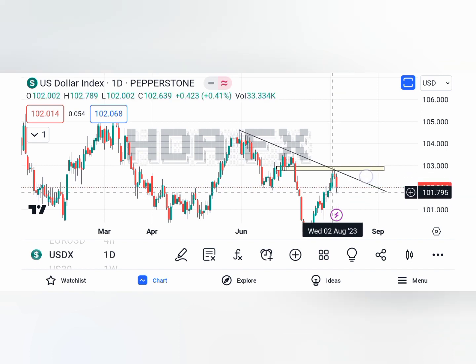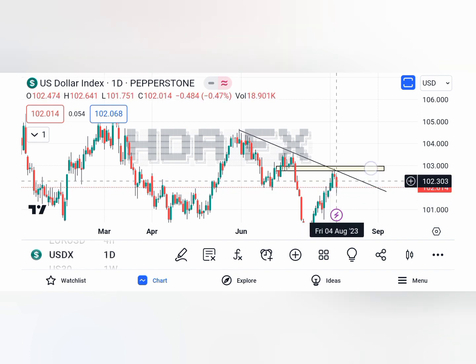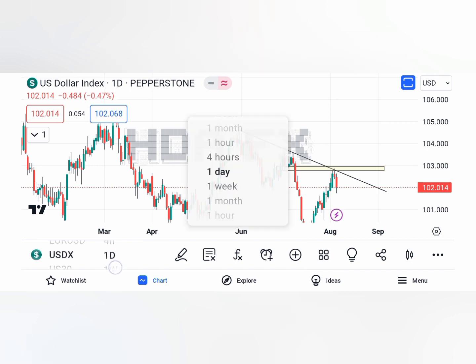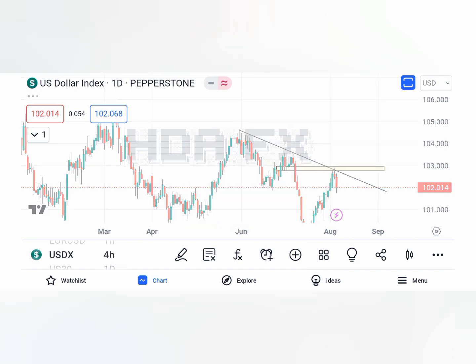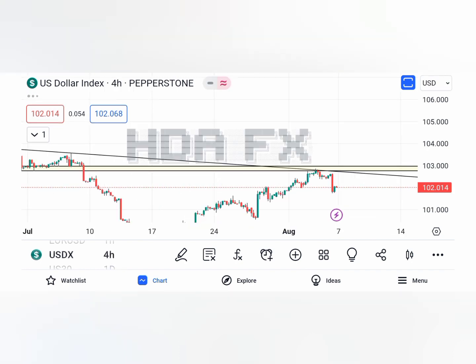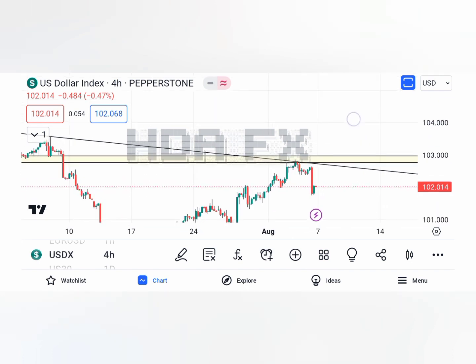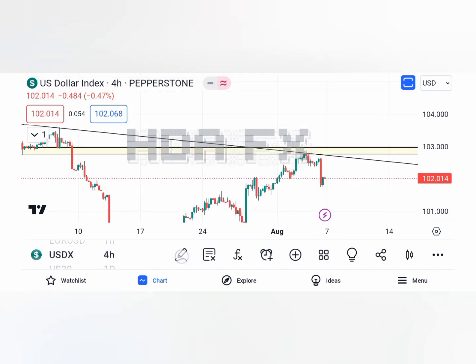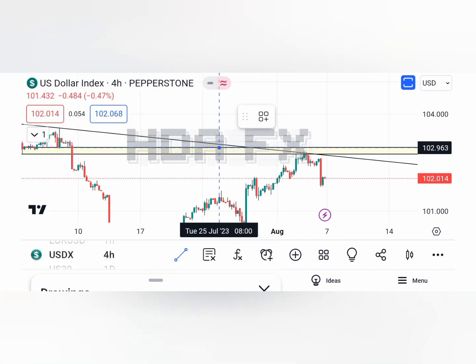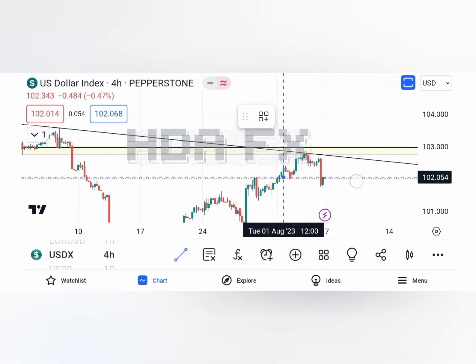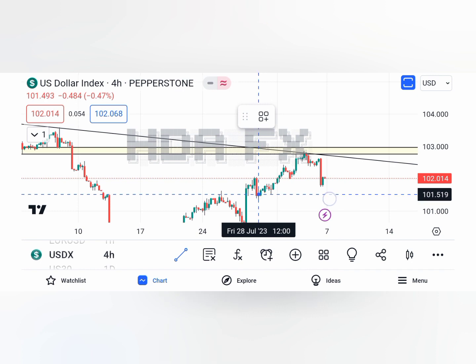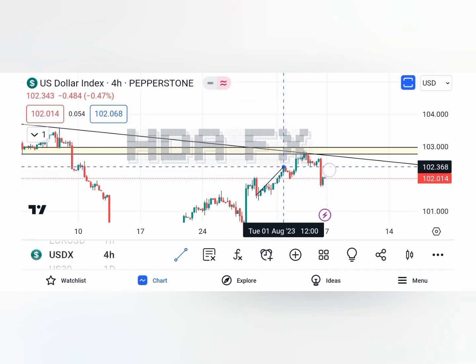But let's move on to the 4-hour time frame and see what we have there also. Moving to the 4-hour time frame, we could spot that price was kind of bearish.